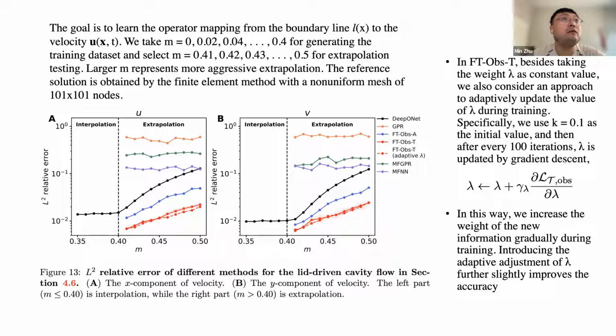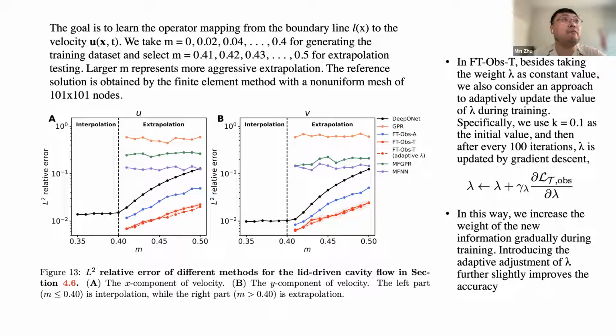We take m equal to 0.02 to 0.4 for generating the training dataset, and select m equal to 0.41 to 0.5 for extrapolation testing.